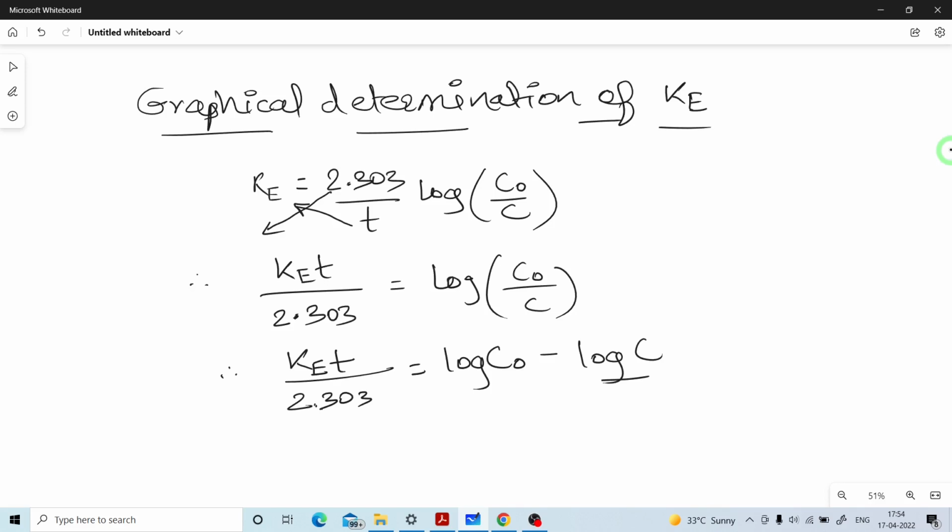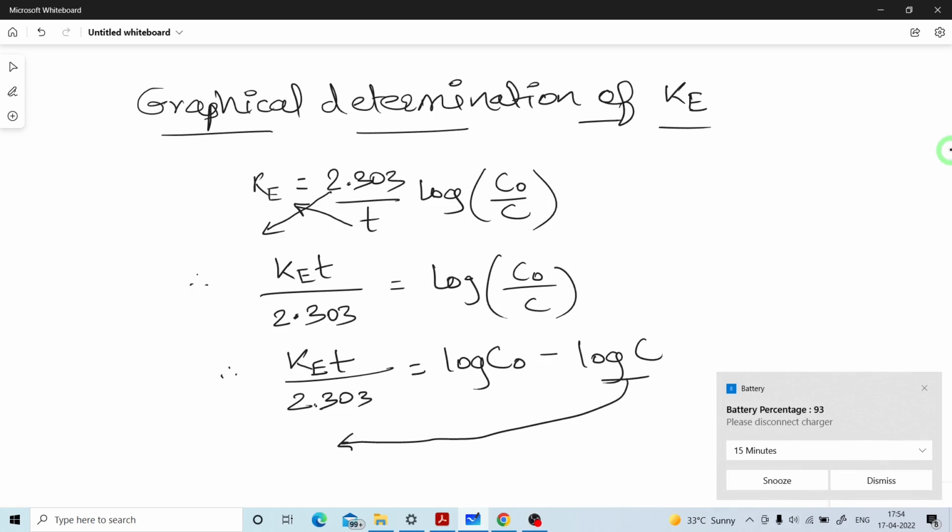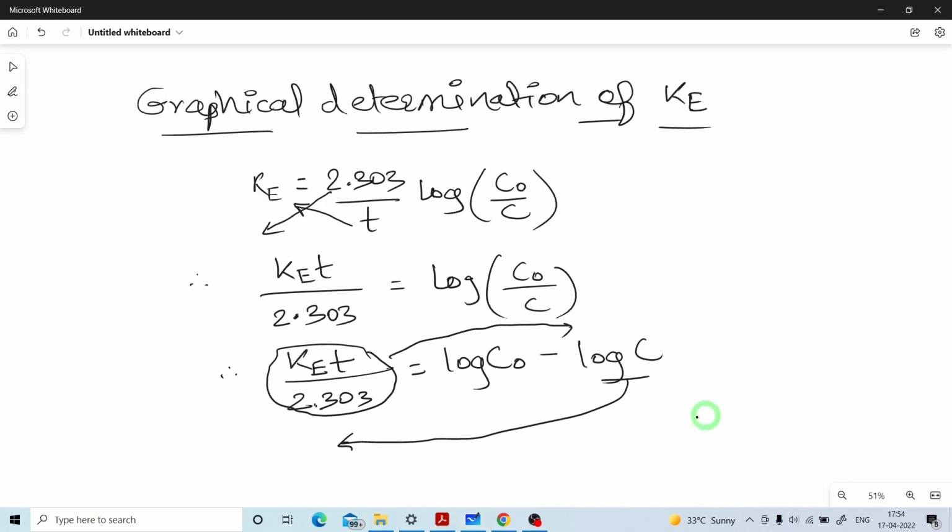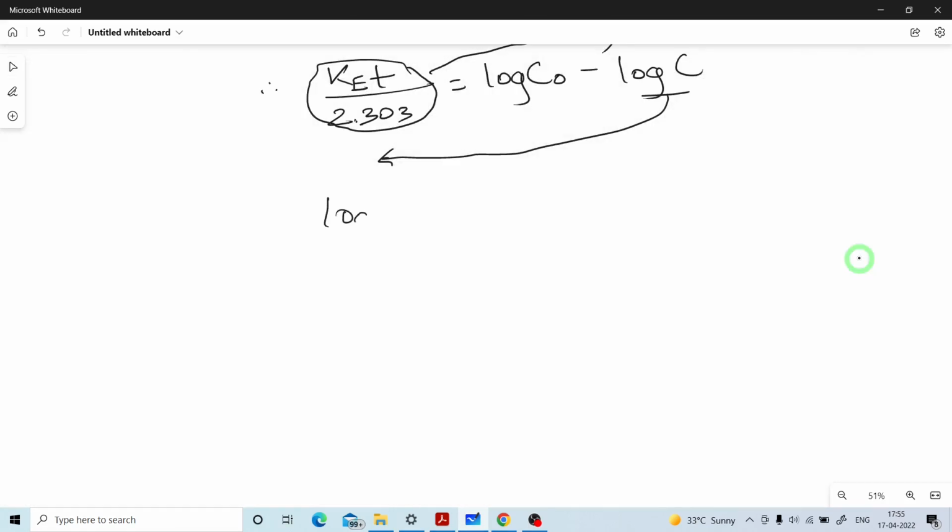So if I rearrange the terms, the equation will look somewhat like this. Log of C is equal to log of C0 minus Ke t upon 2.303.